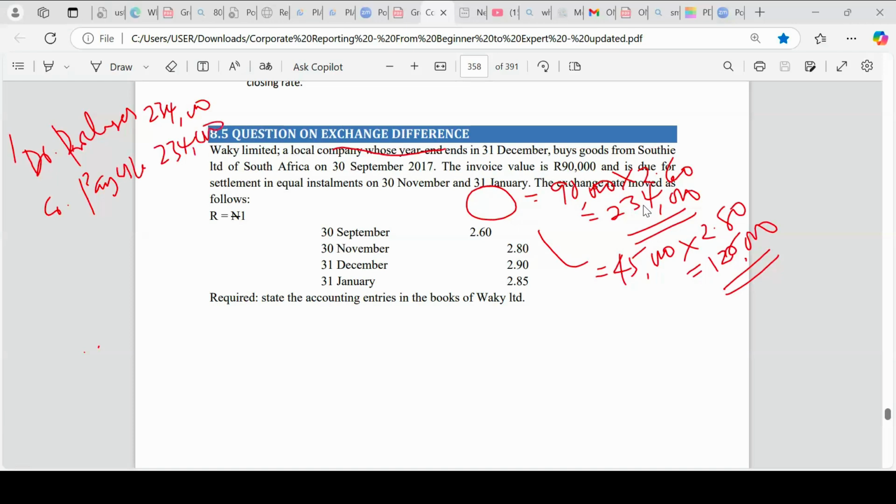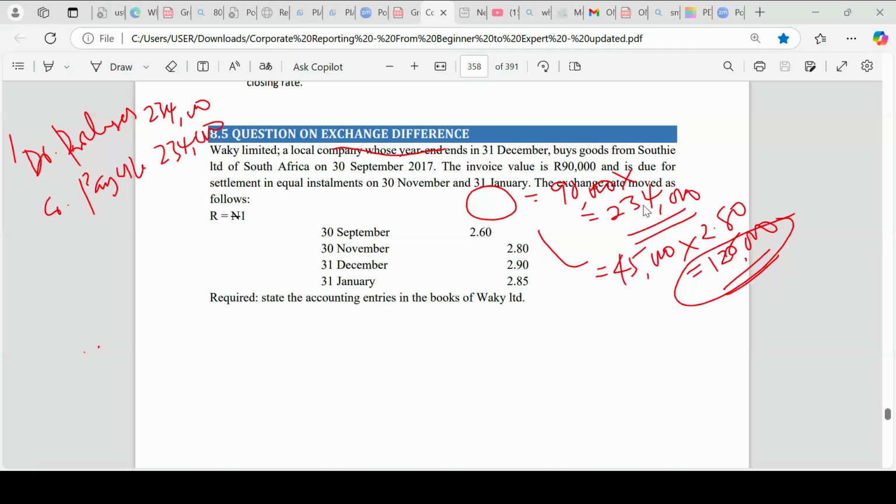Now, on 30th November, they paid this amount. What you must also not forget is that, sorry, I'm making a mistake here.